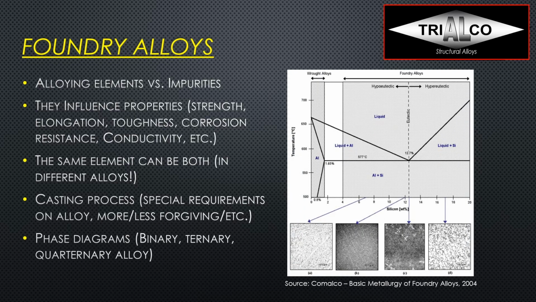So here we can see the aluminum-silicon phase diagram just between 0 and 20% silicon, which is where most of our alloys are. So we distinguish on top of the line, we have the liquid phase. We see the eutectic point at 12.7% silicon. Below the liquid and to the left of the eutectic, we will find liquid and aluminum.